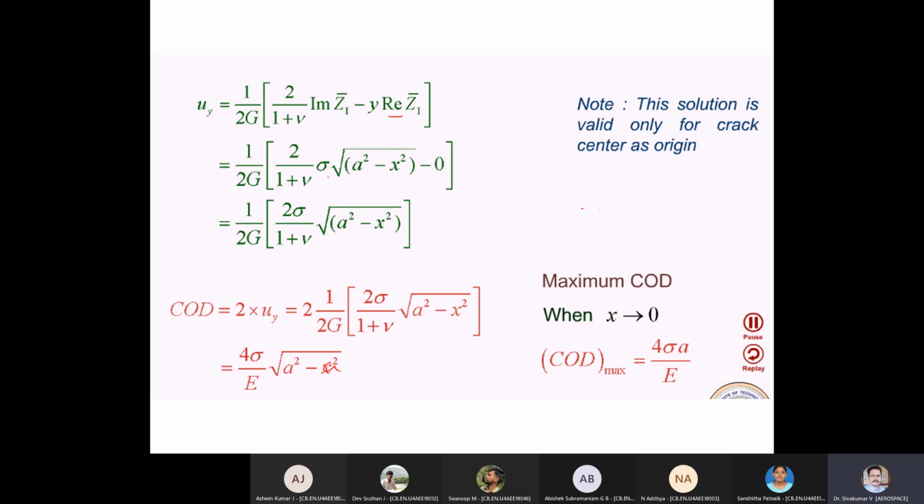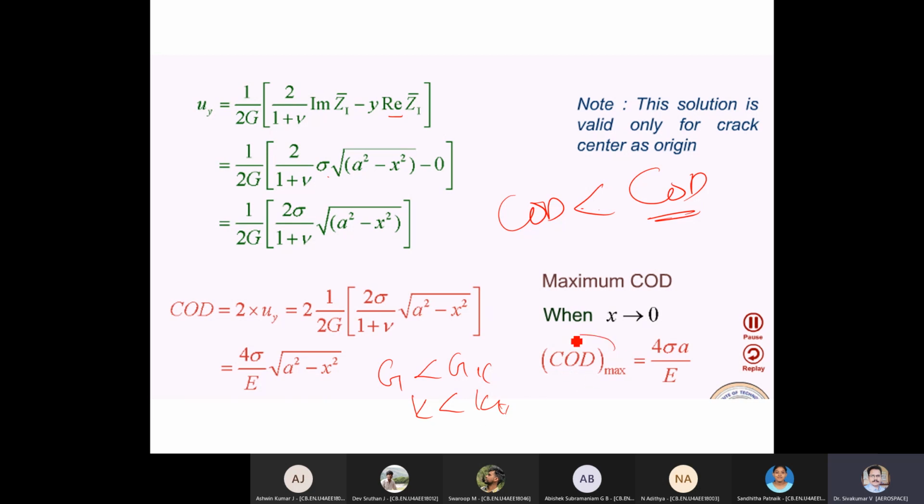I can know which opening a crack will develop, so I can check that value for the design process. Just as G should be less than G1C or K should be less than K1C, my COD should be less than my material's strength limit. For that purpose, this has been useful.